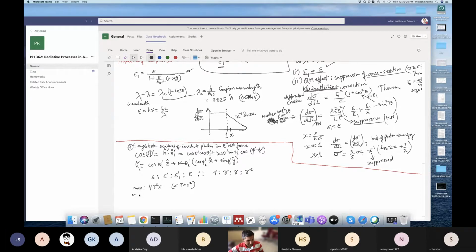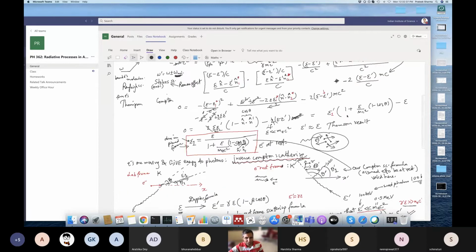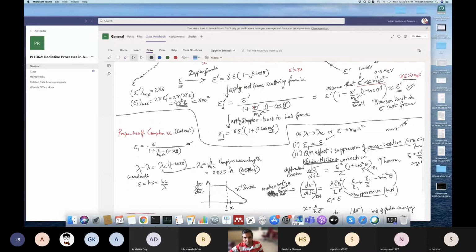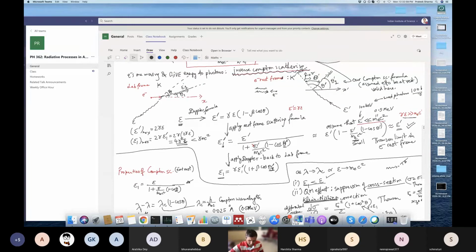What about the minimum? You can actually see the minimum happens when your collisions are not head-on, but tail collisions, right? So there is the Doppler formula. Tail collisions meaning that, right, this was a head-on collision.